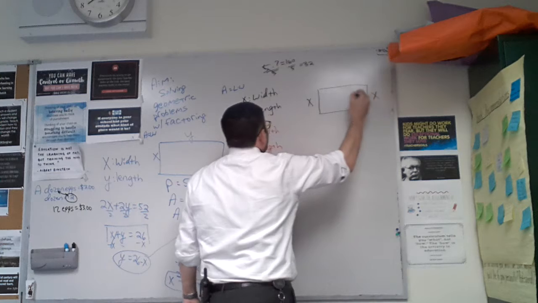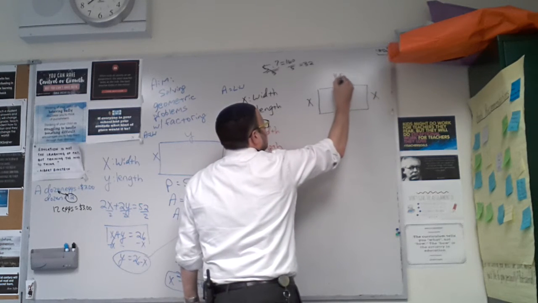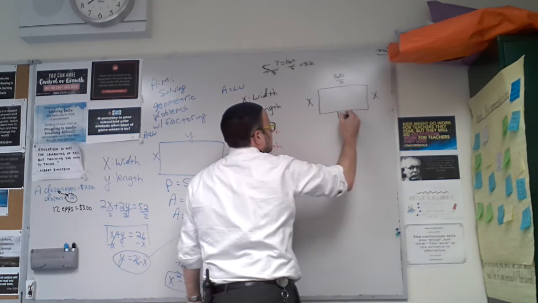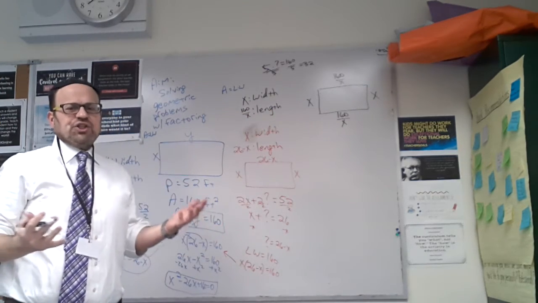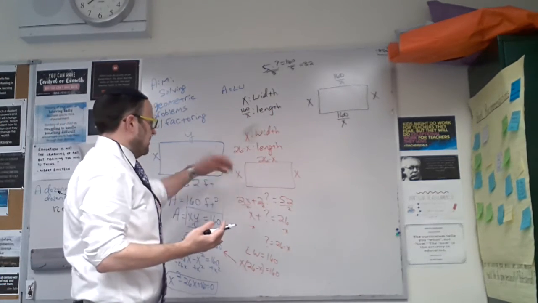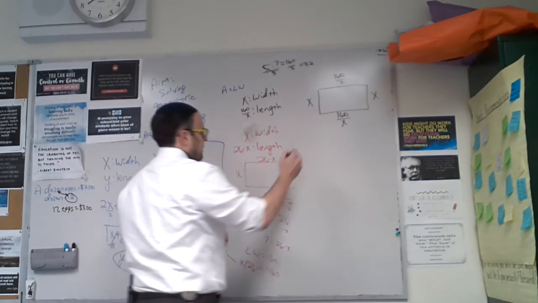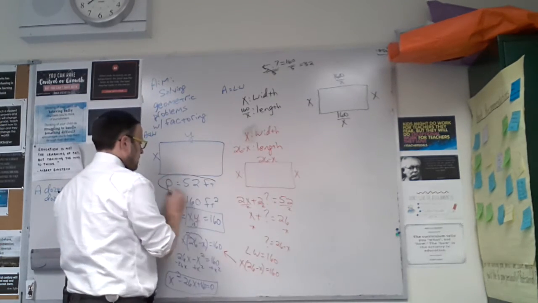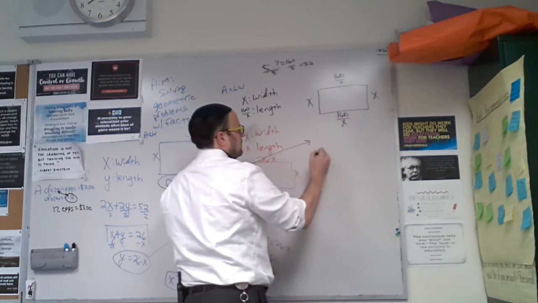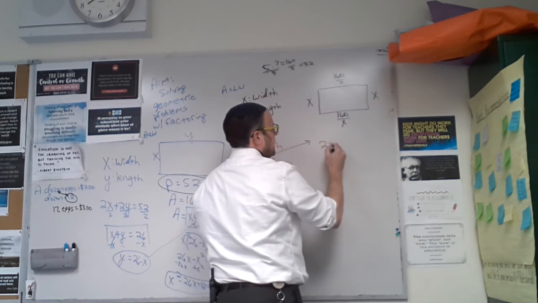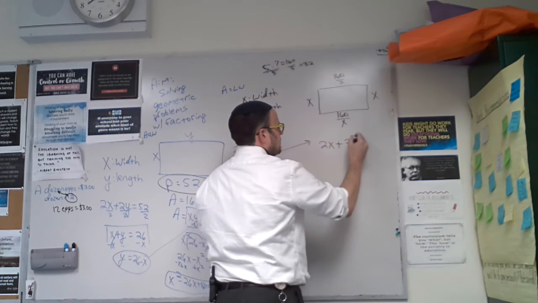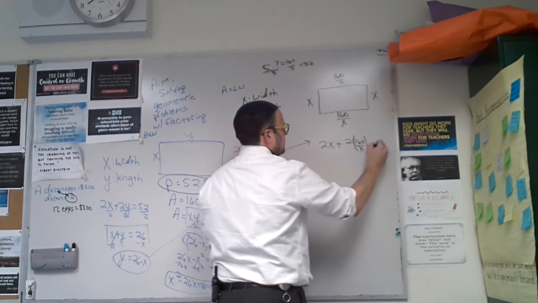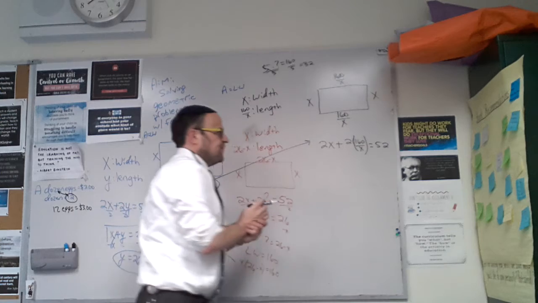if the width is x and the length is 160 over x, where am I going to get my equation to solve that I'll be able to figure this out? Perimeter. 2 times x plus 2 times 160 over x equals 52.